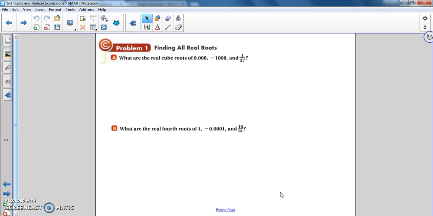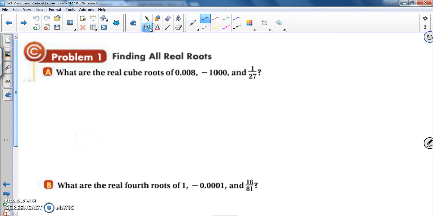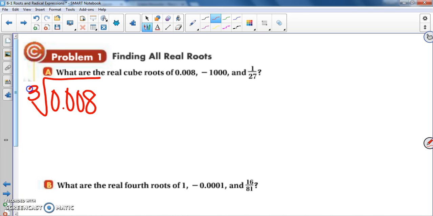So what are the real cube roots of 0.008, negative 1,000, and 1/27? So first, since we're doing the cube root, I'm going to have the cube root of 0.008.